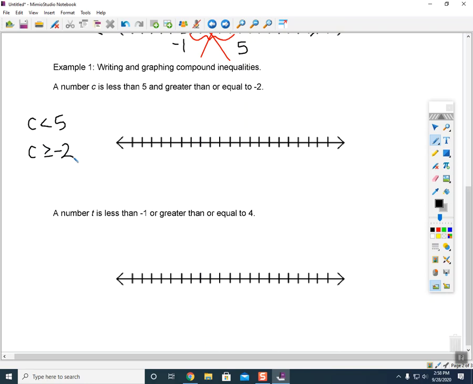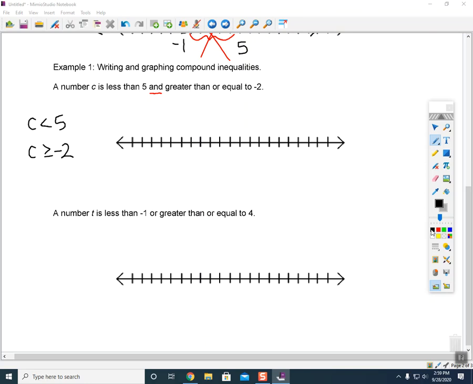Now, you may be looking at this and you should have noticed, this is an and statement, right? I have the word and. This is an and statement, which means that it's going to be one long inequality instead of two separate ones like we did before.